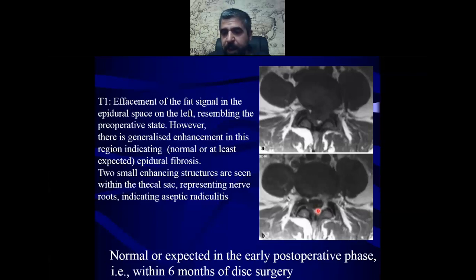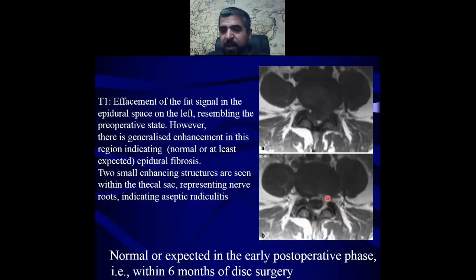Okay, so enhancing nerve roots here and this one and this one indicate radiculitis. In this case, aseptic radiculitis, just inflammation of the nerve roots post-operatively. It's one of the complications of spine surgery. We will talk about it in the coming slides.